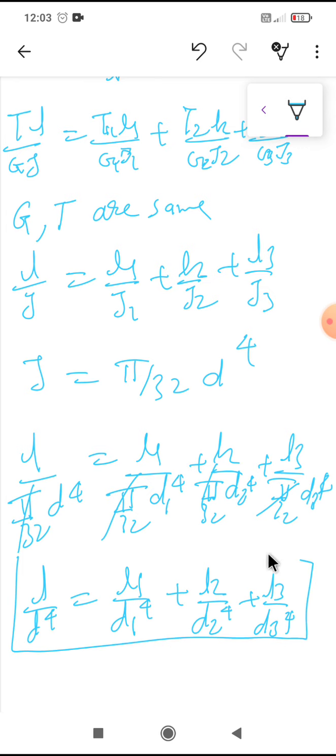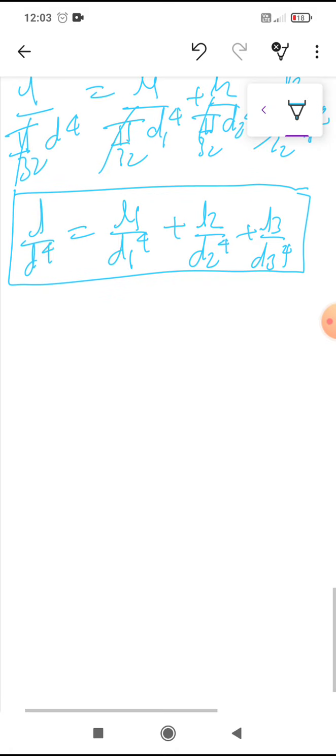So this is the formula for the torsional equivalent shaft, to find the length of the equivalent shaft.